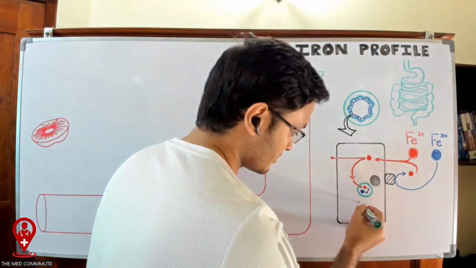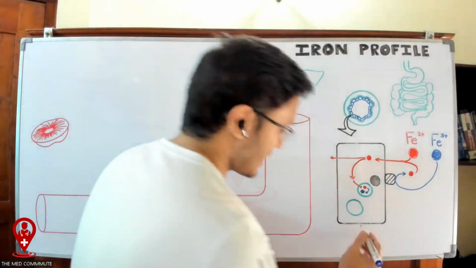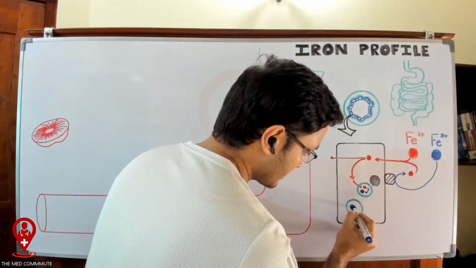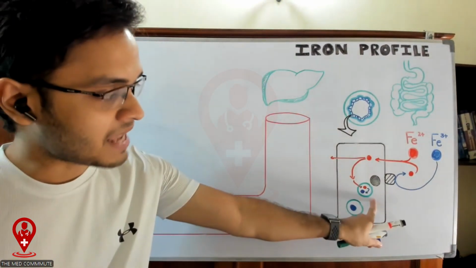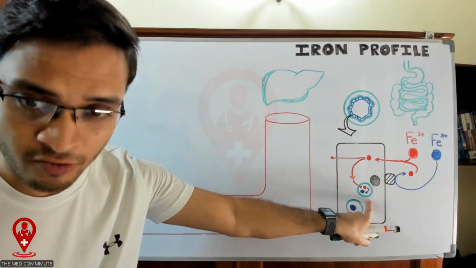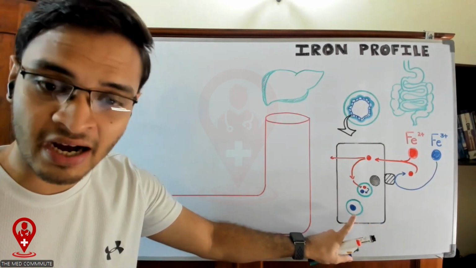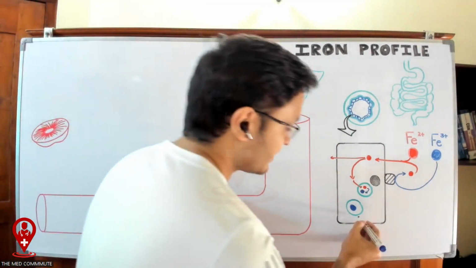Because if you all remember, we talked at the start that for storage also, our body prefers this Fe3 plus form. So this apoferritin molecule is called apoferritin. Once the apoferritin is loaded with Fe3 plus ferric ions, we call it ferritin.